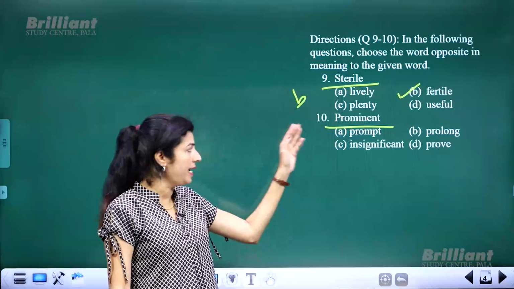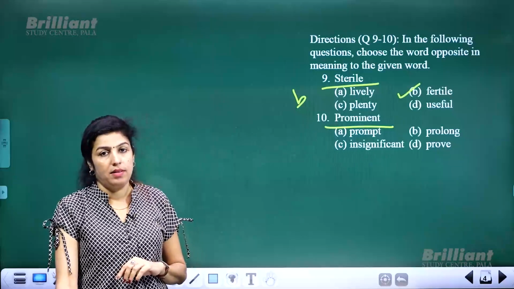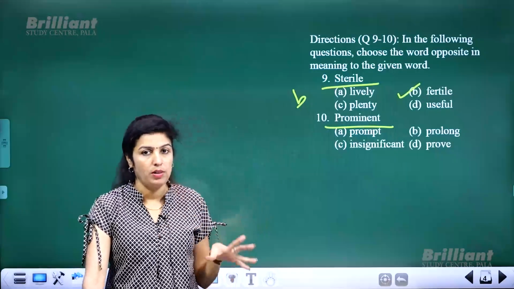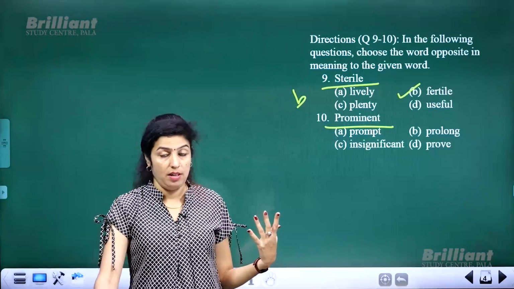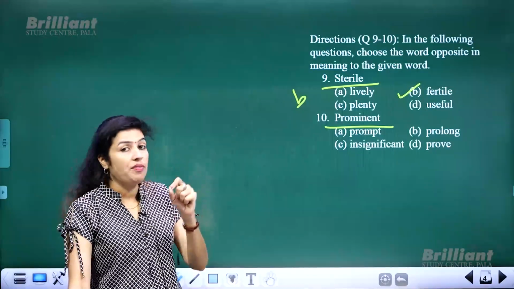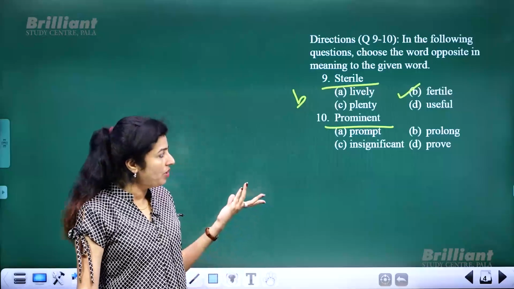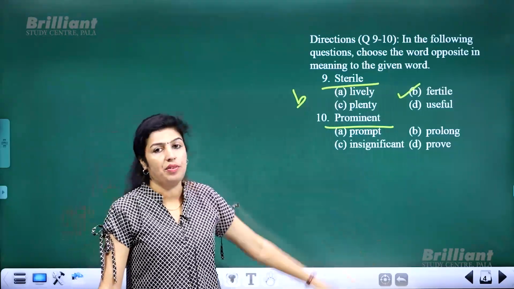Next is prominent. And this word, you know the meaning, right? Prominent means something very important, significant. Something which is significant or important is what you call prominent. So definitely the opposite will be insignificant.